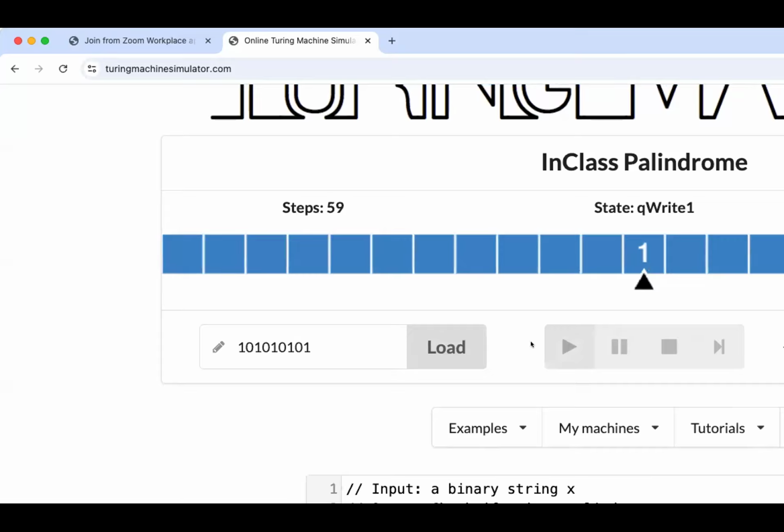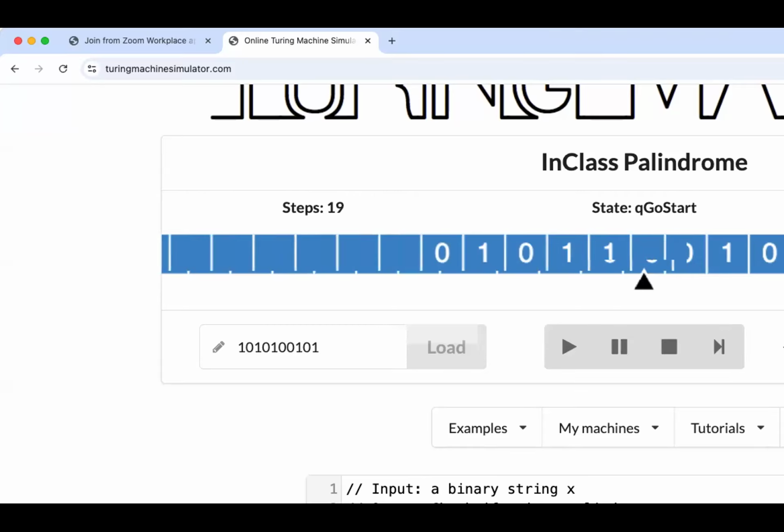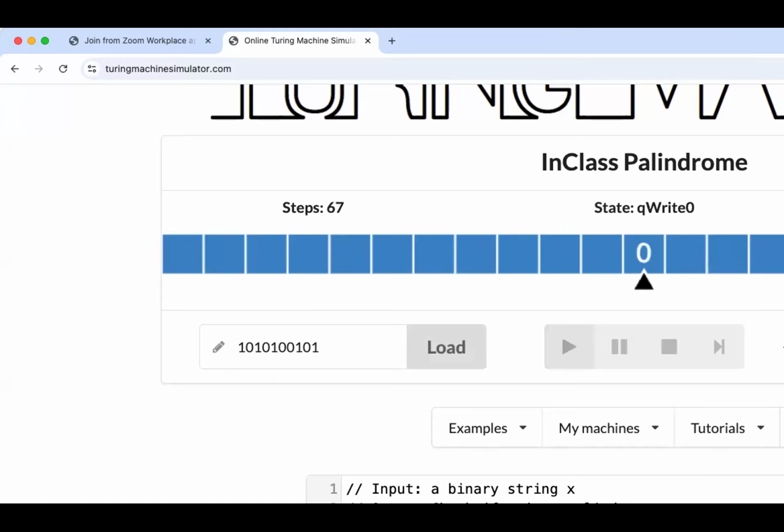Let's say I put one extra 0 here and increase it. It seems a terrible algorithm because it's making multiple passes again and again, but as far as primitive models go, it's what we are doing right now.